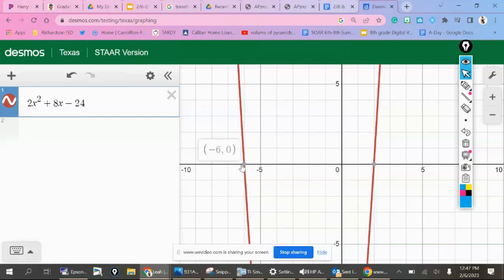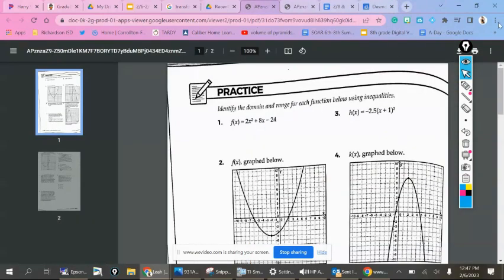And then I'm going to look here and I see this is going to be -6 and it's going to be 2. So my domain for the first one here is going to be -6 ≤ x ≤ 2. And that's it.